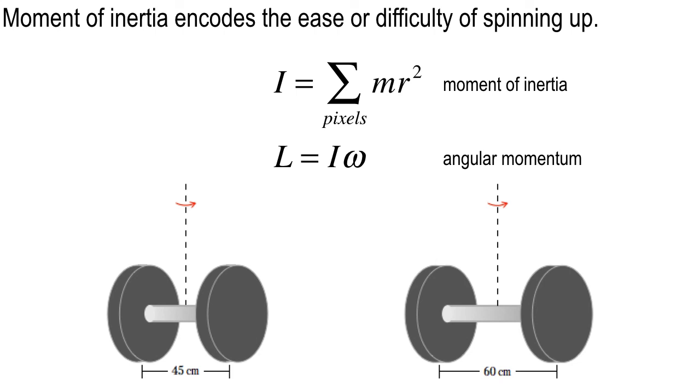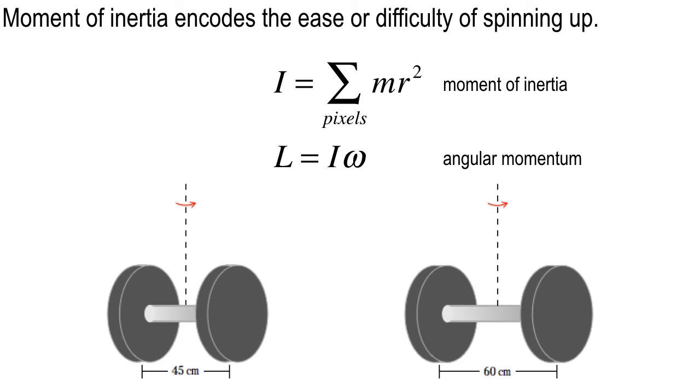For spin angular momentum in this way, the object itself has this property I, the moment of inertia. A cube will have a different moment of inertia than a hoop, but all hoops will have a similar type of moment of inertia.